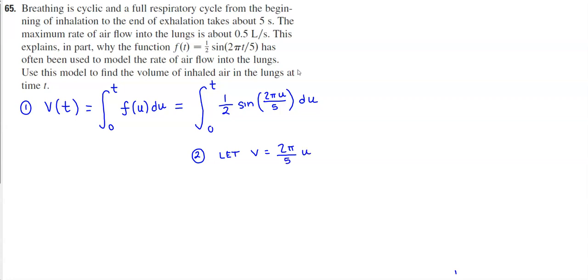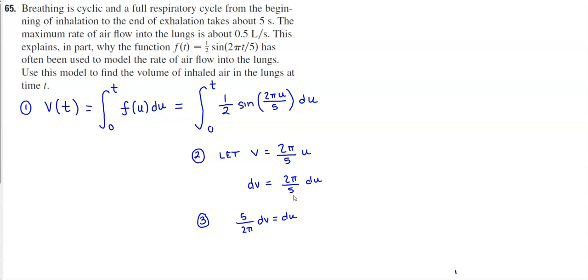Now we take the derivative with respect to u, so we get dv equals 2 pi over 5 du. Because we're substituting in for du, we divide both sides by 2 pi over 5, which is the same thing as taking the reciprocal. So therefore, 5 over 2 pi dv equals du.